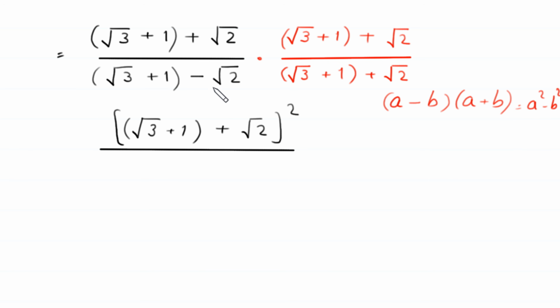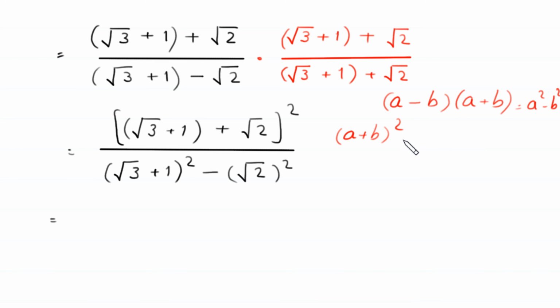So this will become square root of 3 plus 1 squared minus square root of 2 squared. Next, by using this algebraic identity a plus b whole squared is equal to a squared plus 2ab plus b squared.